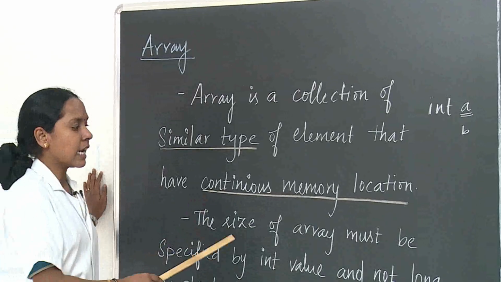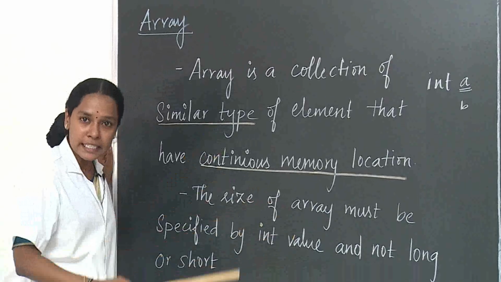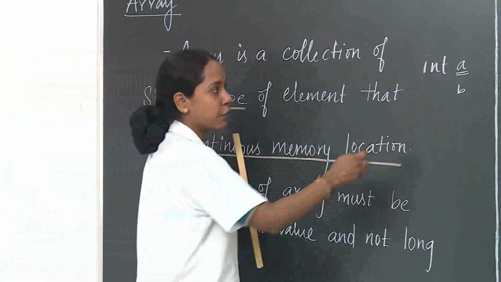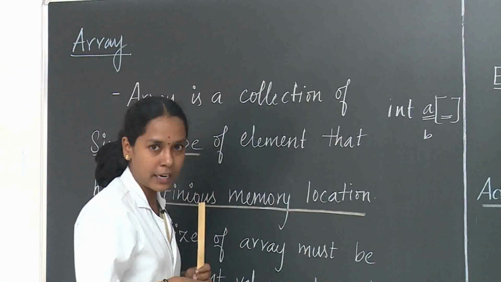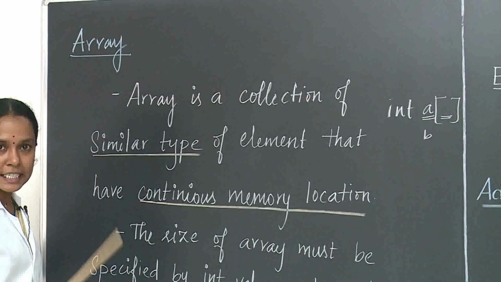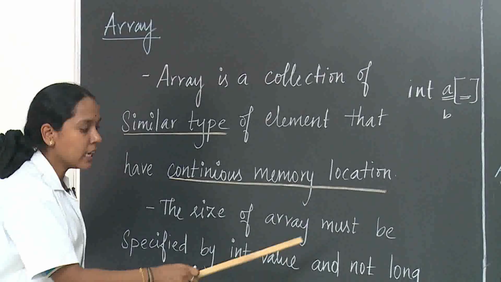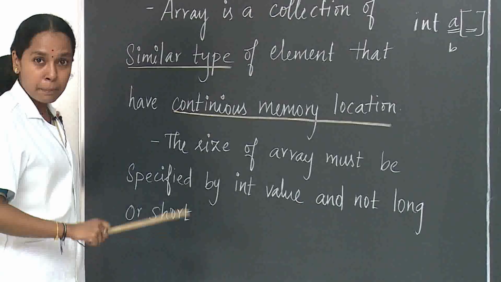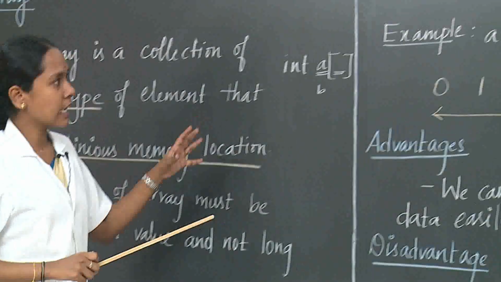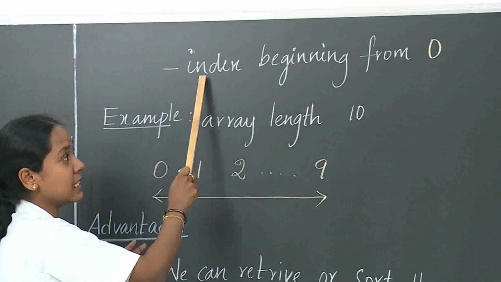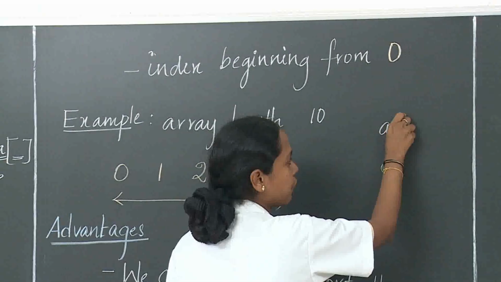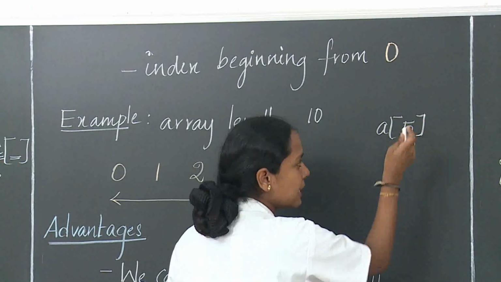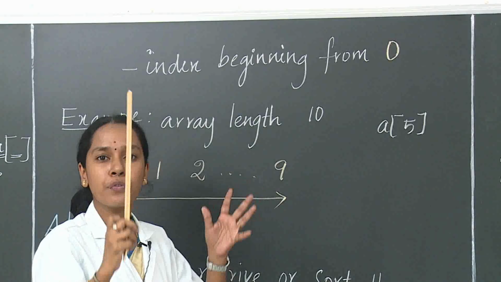Okay, next one is the size of array must be an integer data type. Here we are mentioning our size of array, so that must be an integer, not a long or short or double and likewise. Okay, so this is an example. Array index must start from 0. If I declare array size as 5, it will start from 0 to 4.